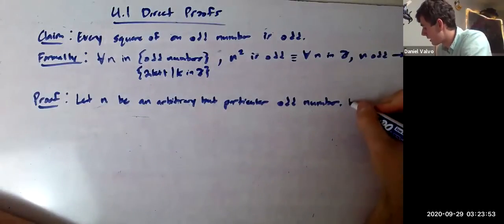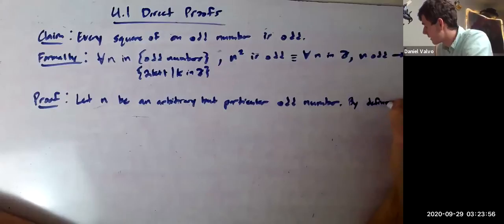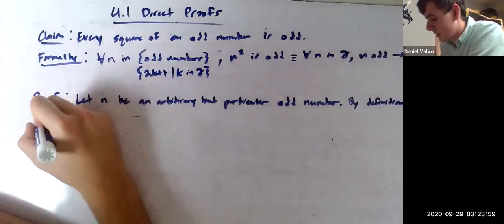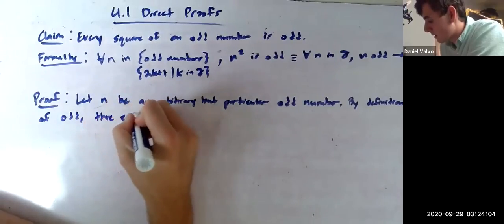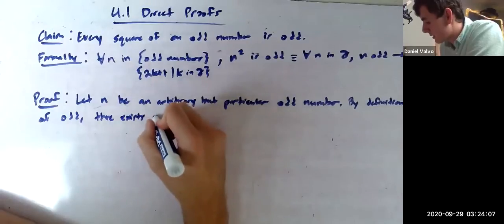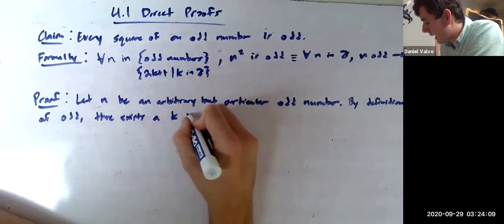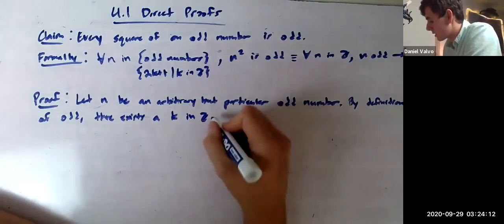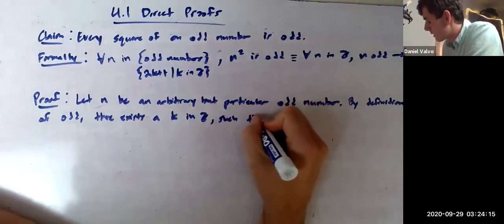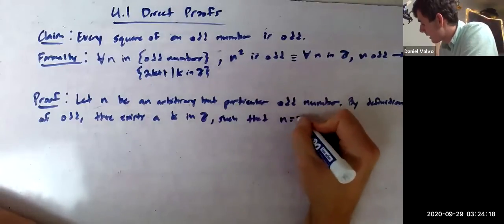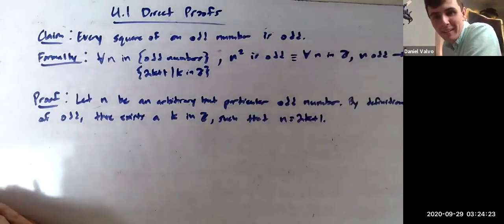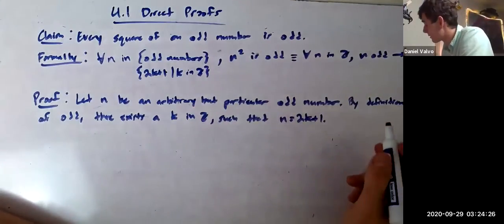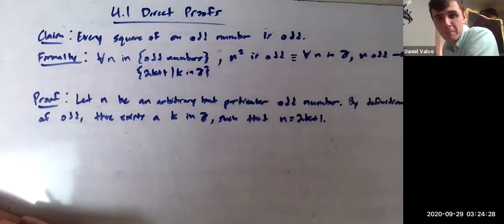So I'll say, by definition of odd, there exists a k in the integers such that n equals 2k plus 1. That's just by definition of odd. It means we can find this k.